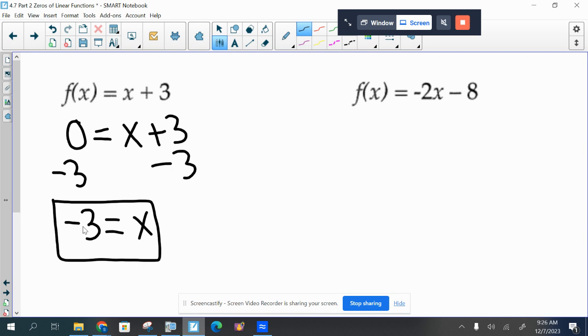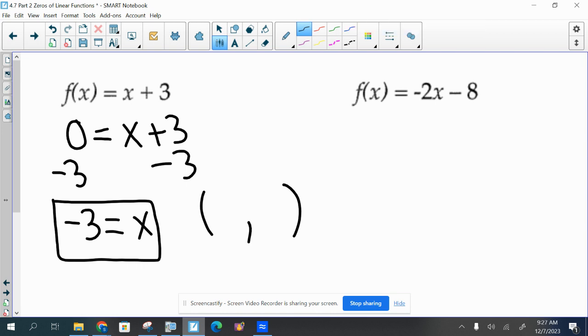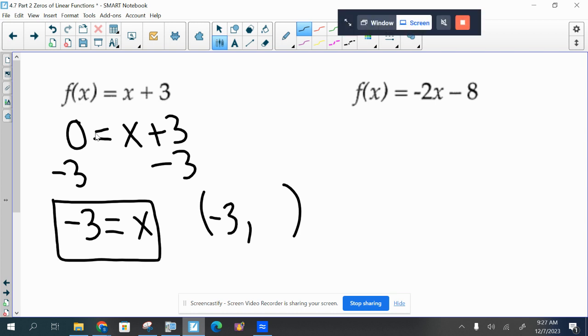So now it's easy, but we also have to think about what does this mean? Because we have to be able to transfer the skill to more complicated situations. So if you wrote this as a coordinate, what would it look like? If you wrote this answer as a coordinate. Ethan? Yes, the x is negative 3, and we made f of x equal to 0.